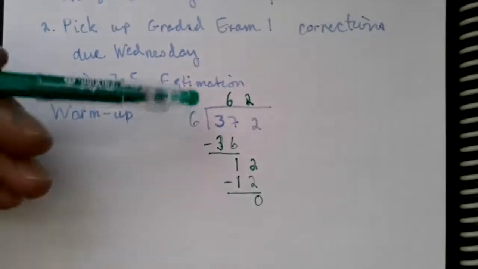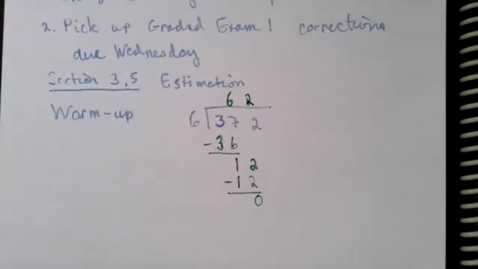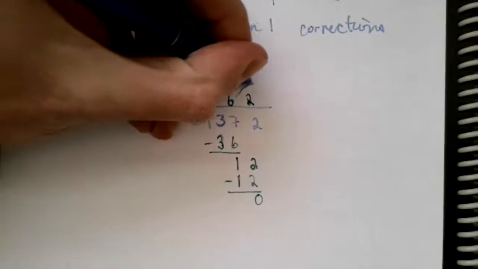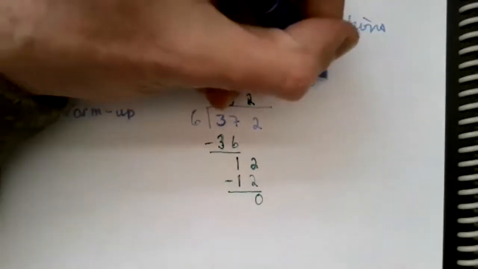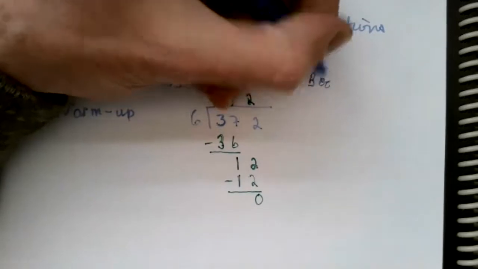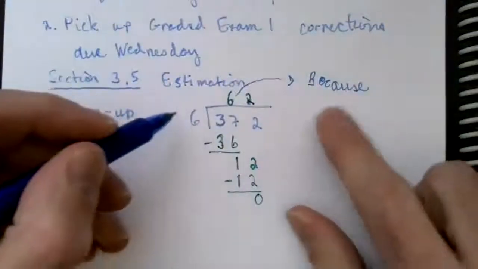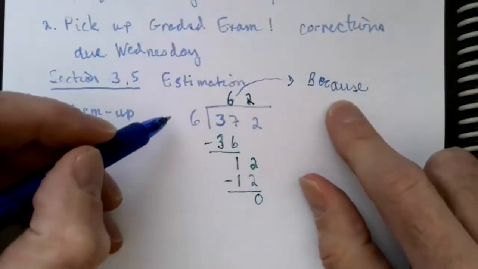Okay, so let's analyze our thought process here. So the first thing we decided was there had to be a 6 over here. Now let's go back again. Madeline, help me out here.